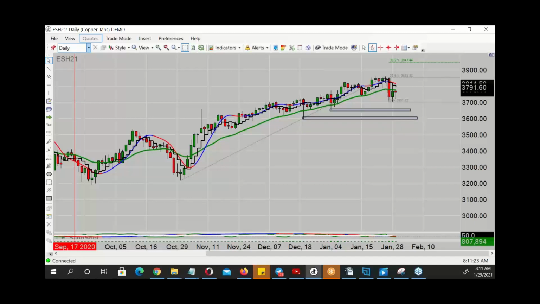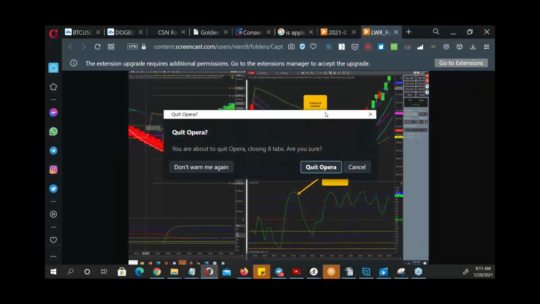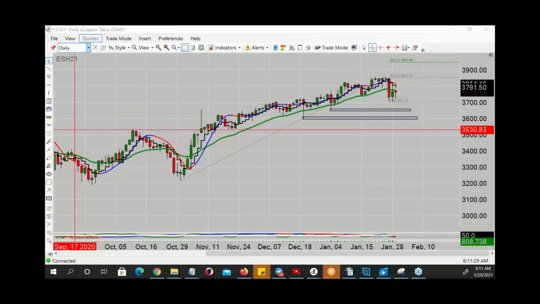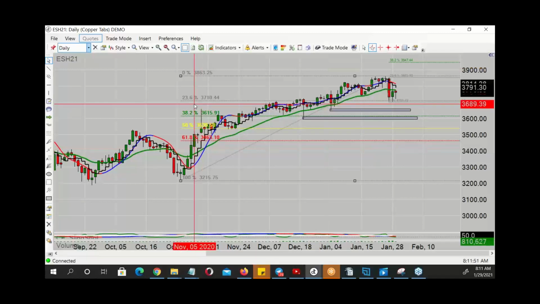Let me shut down my other charting platform. Maybe that'll open this thing up. All right, let's give that a whirl. From the low, right up to the all-time historic high, put in just a couple days ago, right there. So there's the 24% fib.